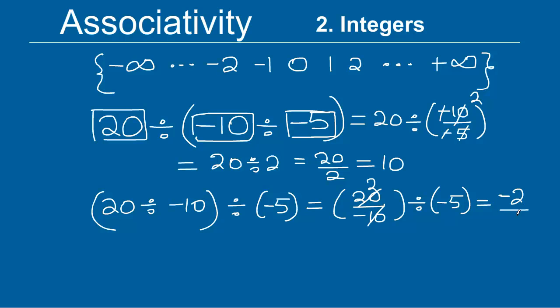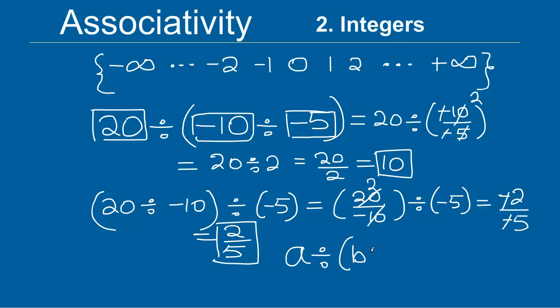And we divide that by minus 5. So minus minus will cancel out. So this value will be equal to 2 divided by 5. So is 2 divided by 5 same as 10? Of course it is not. So we see that A divided by B divided by C is not the same as, within bracket, A divided by B, bracket close, divided by C. So we say that for integers, division is not associative.